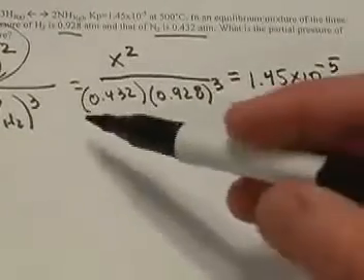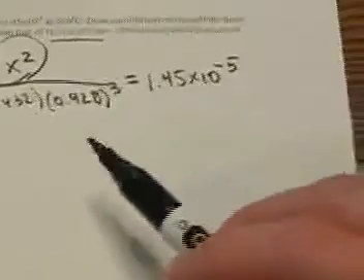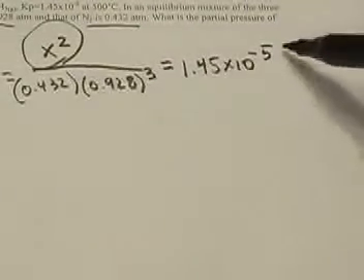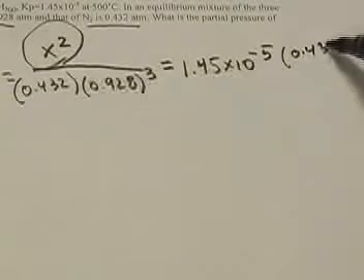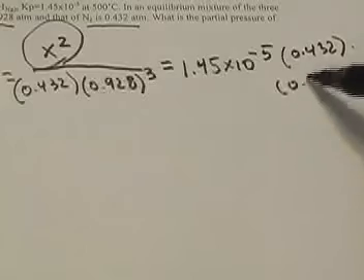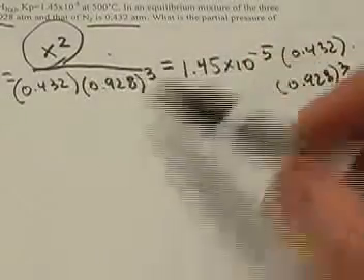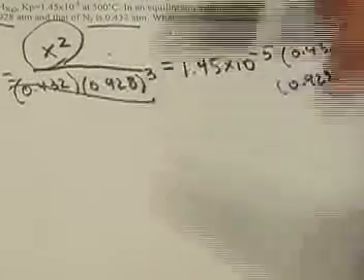So we need to take this equation now and solve it for x squared. Let's multiply both sides of this equation by 0.432 and by 0.928 cubed. If we multiply this side by the same thing, we'll get rid of these.